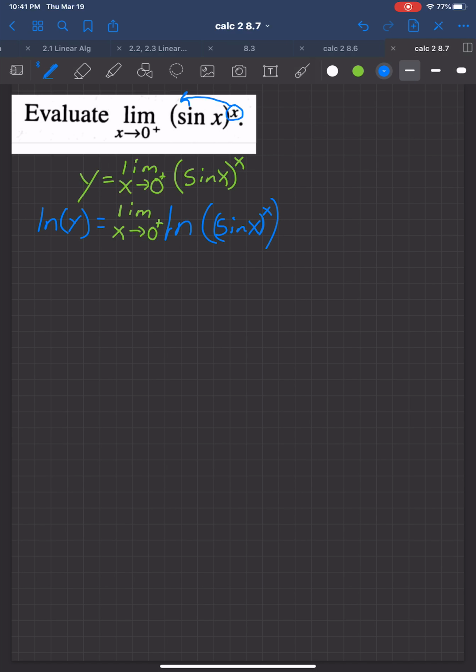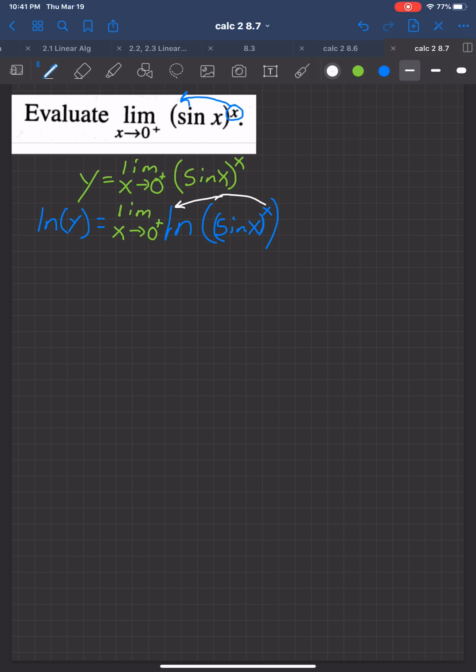The whole point of that was so that I can use the log property that allows me to bring the x out in front of the ln.